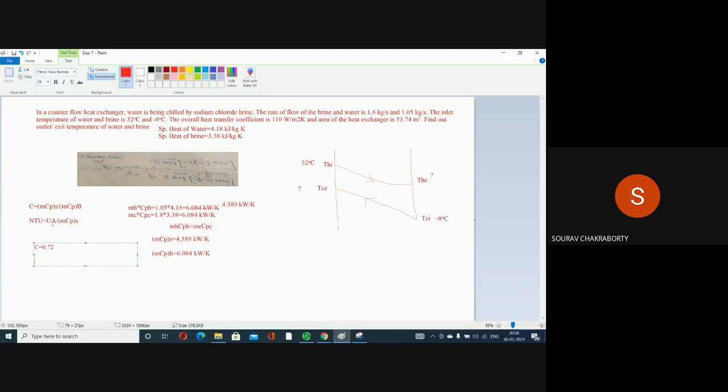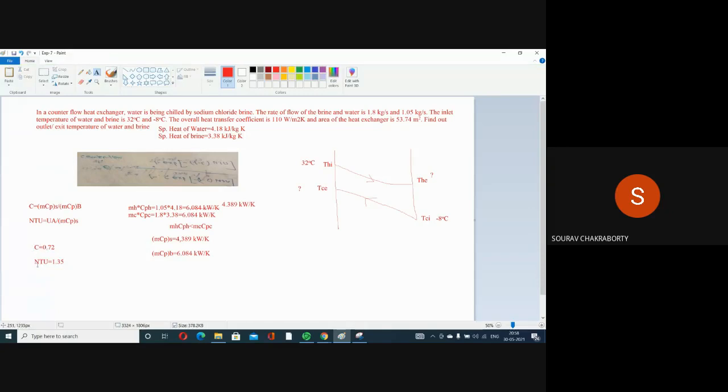And if we put down the value here, the U value is already given, 110, in this equation for NTU, and the area is given again, 53.74 square meters. With the smallest value, we can get the value of NTU also. It will be 1.35.